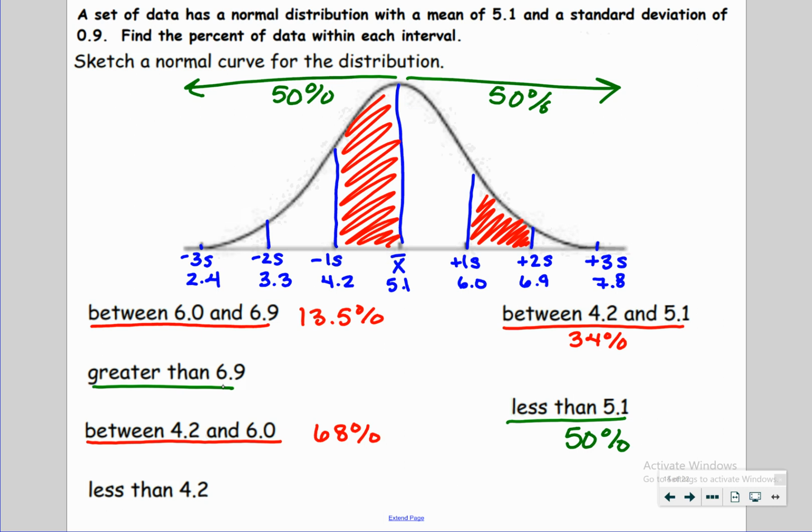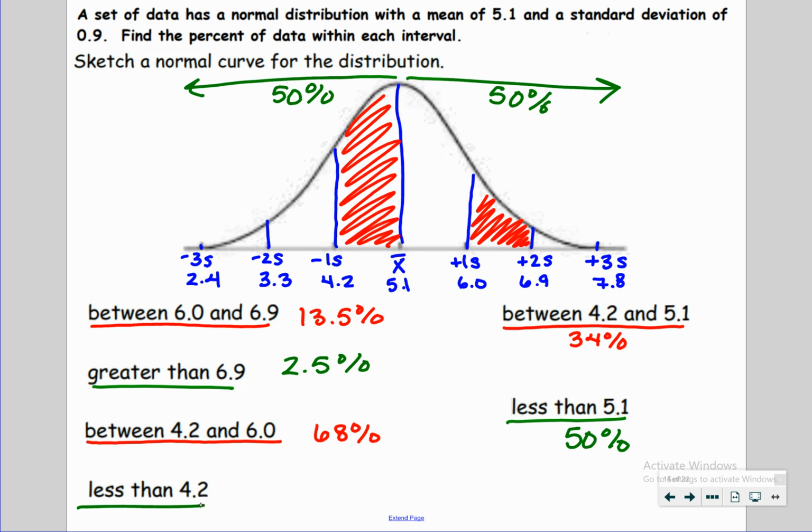You can say this is 2.35, and then anything past that is another 0.15. That's our 2.5. You could also say, okay, well, I know 50% of my data is here, so I'm excluding that. I know there's another 34 here, and there's another 13.5, so you can just take 100%, take away 50 and 34, 13.5, and also get that 95% we're taking away, leaving us with 2.5, okay?